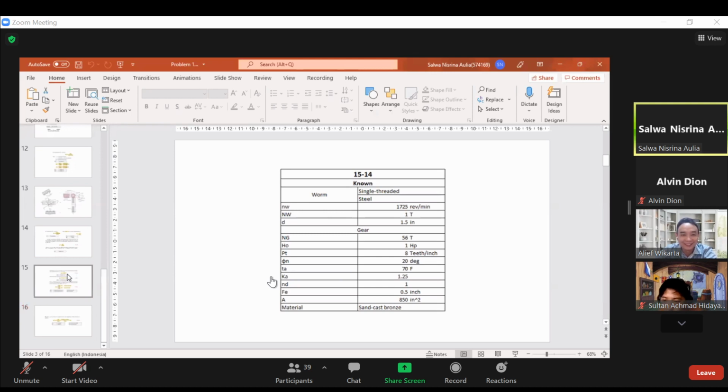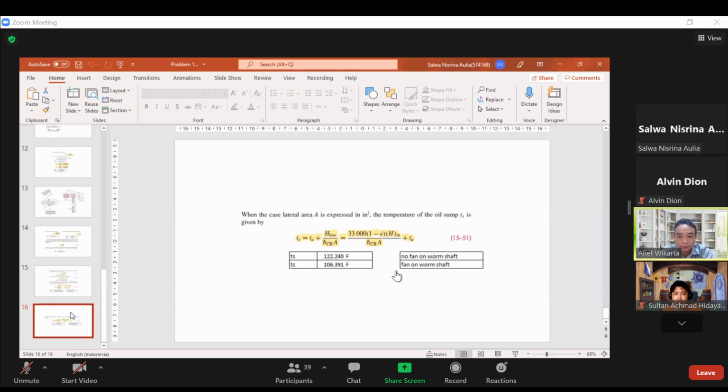Okay, sir. 21 Celsius, so it's the surrounding, the environment temperature. So I think the oil sump temperature is the temperature inside the oil chamber, or inside the cover of the worm gear.